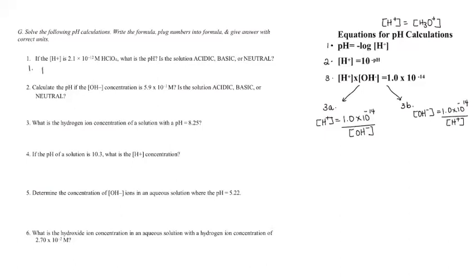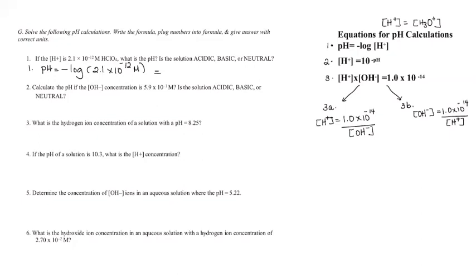Equation number 1 says that pH is going to equal the negative log of 2.1 times 10 to the negative 12 molar. So in our calculator, we will enter 2.1 times 10 to the negative 12, and then take the log of it. That's going to give us a negative value, but we can turn it into a positive value, because remember, negative times negative is positive.